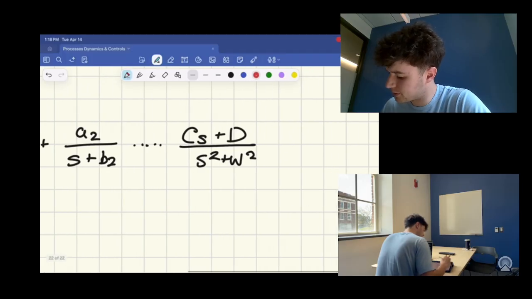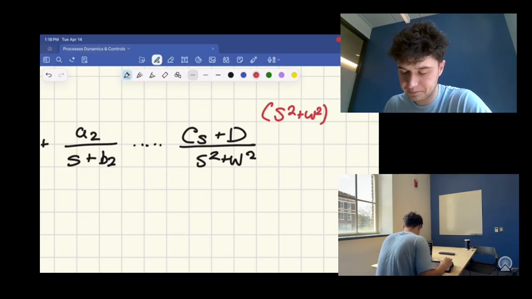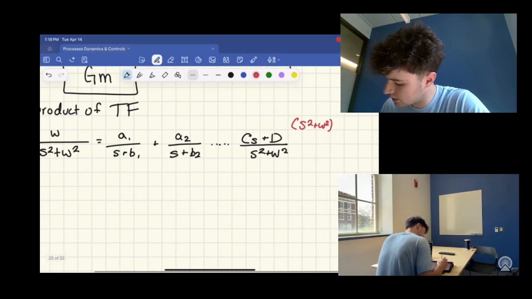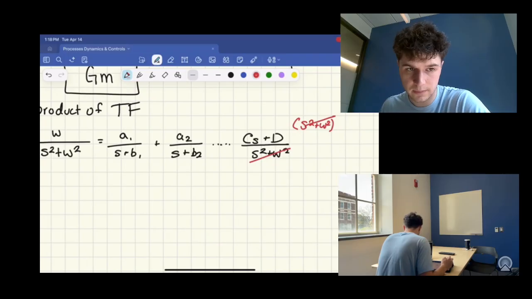Now what you want to do is multiply both sides by s squared plus ω squared. And what's going to happen is this is going to cancel, this will cancel, and this will cancel.